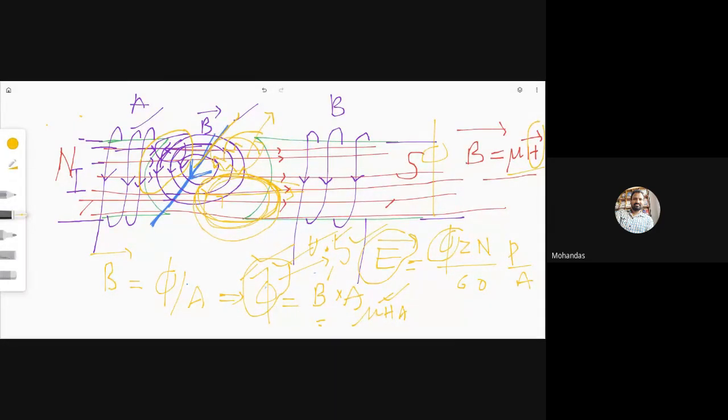Thumb shows or thumb points in the direction of the current or flux? Current, sir. Yeah, the forefinger shows in the direction of the flux. Okay.